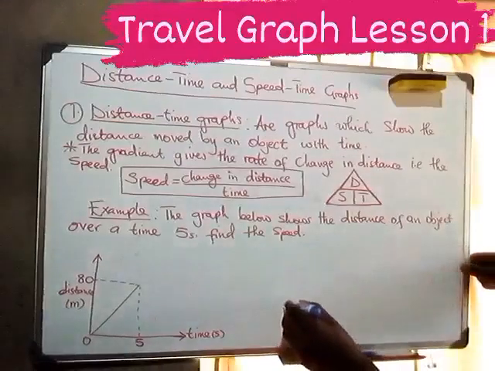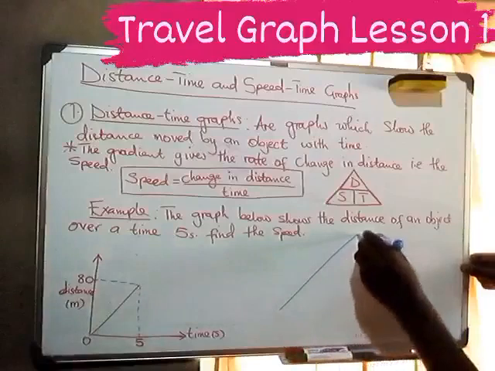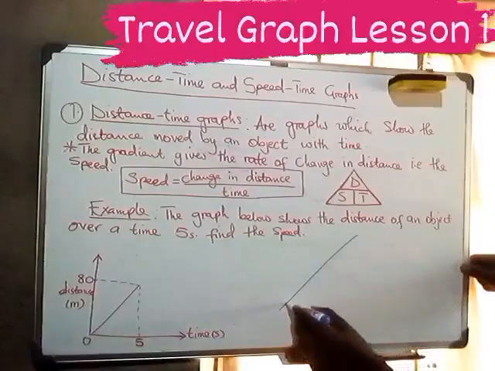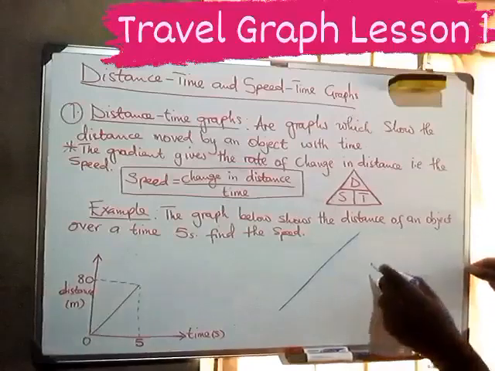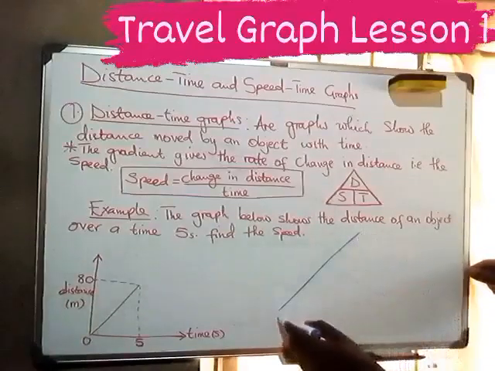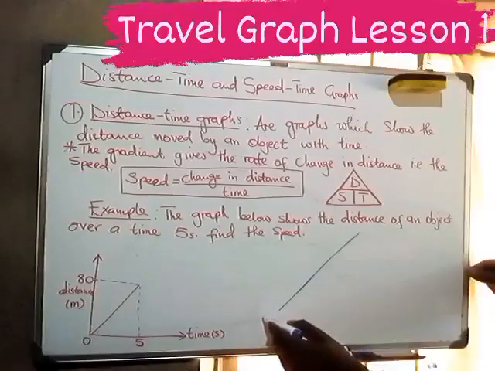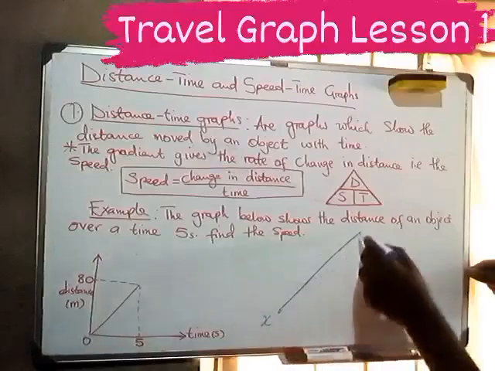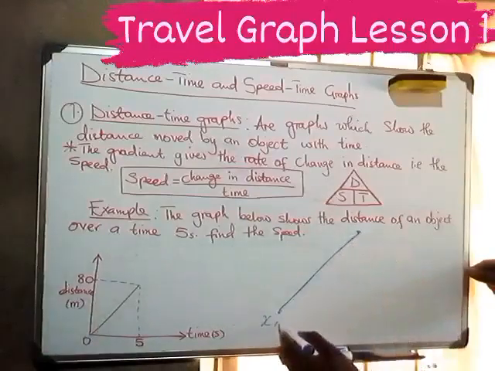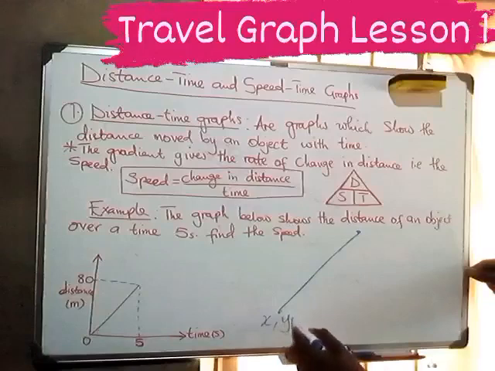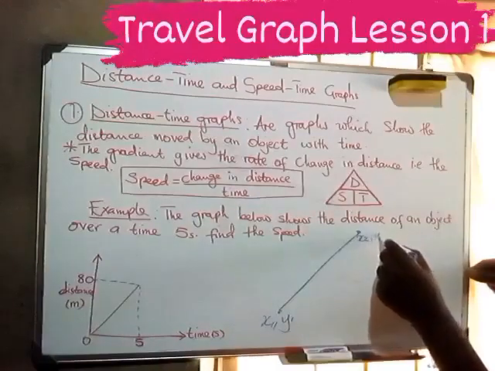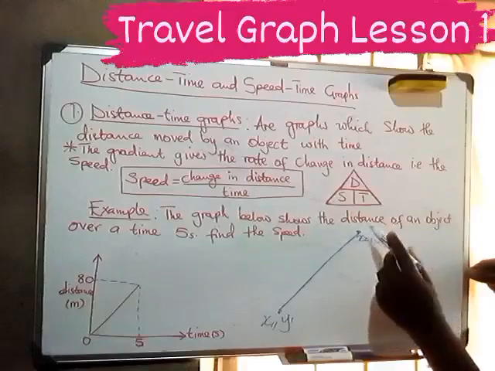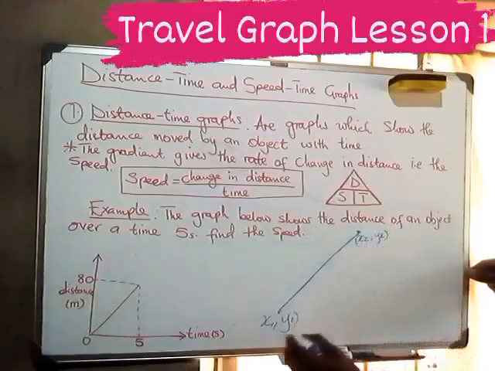If you have a line like this, the steepness of this line is what we call the gradient. So we can calculate the gradient by having the coordinates at this point and also the coordinates at that point when we go to coordinate geometry. So you can find the gradient of this line. So this is what we have.